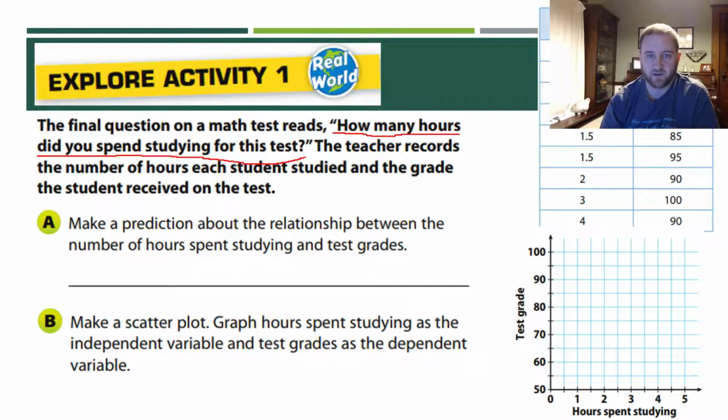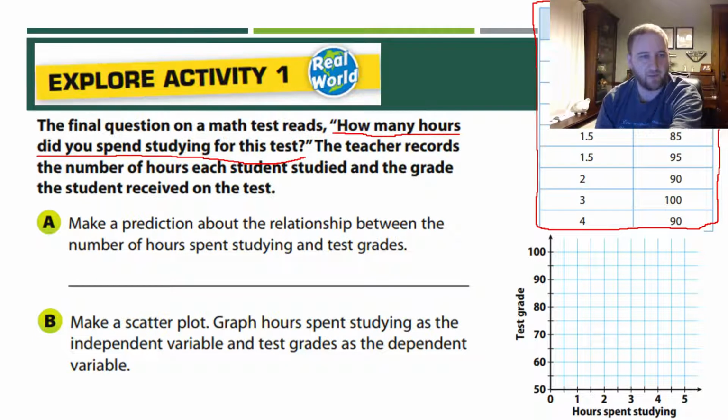The results are shown right over here in this table. You can see this student spent 0 hours and got a score of 75%. This student studied for half an hour, got an 80, and so on. An hour, hour and a half, all the way up to 4 hours, that person got a 90.